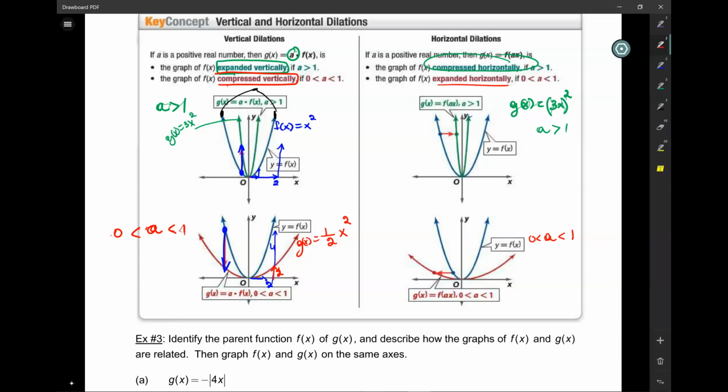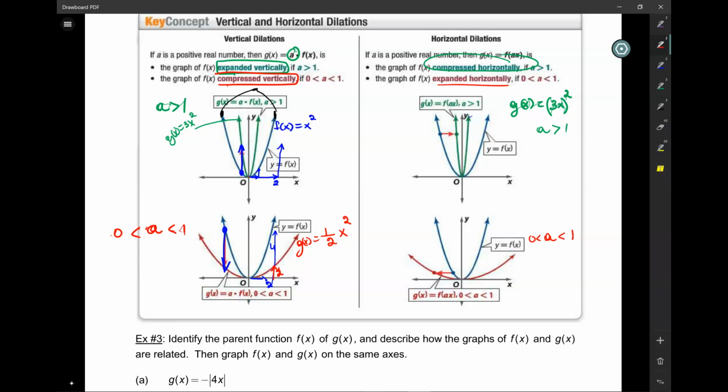What makes it sort of difficult is that when you look at something, the vertical dilation and the horizontal dilation may seem like they're the same, right? Because in both cases you're either making it narrower or wider.